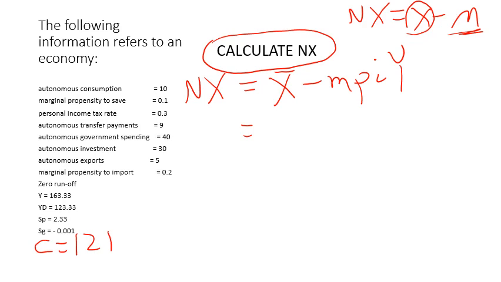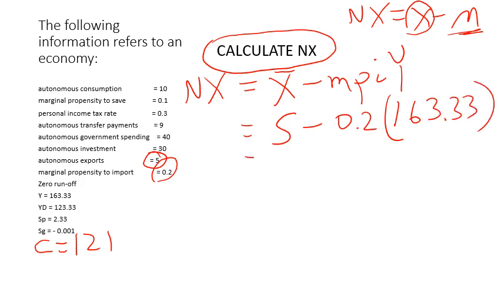Autonomous exports are 5. MPI is given to us: 0.2 or 20% times national income, 163.33.